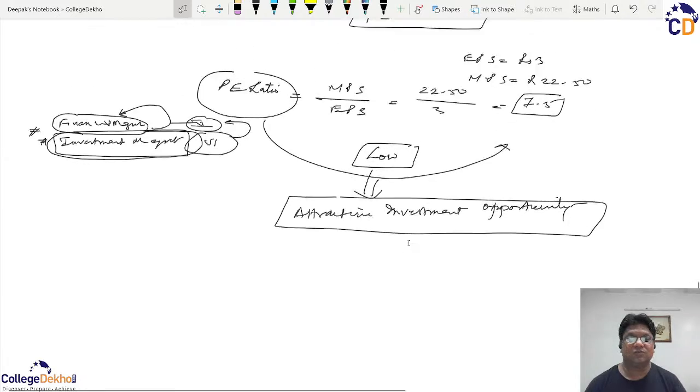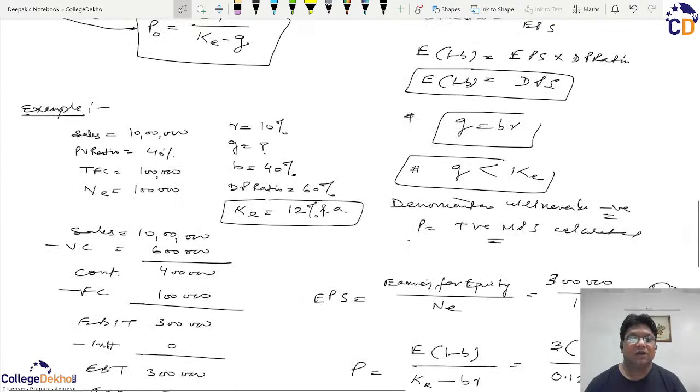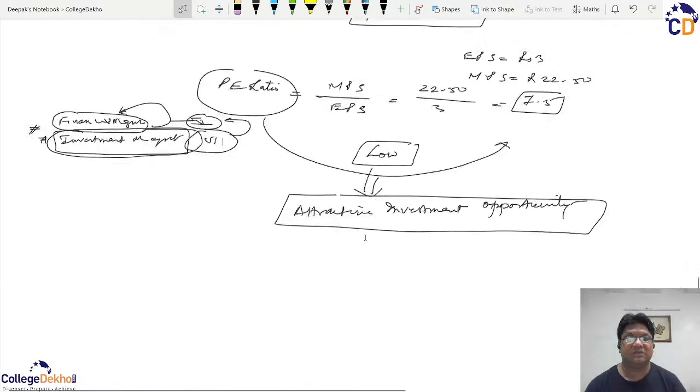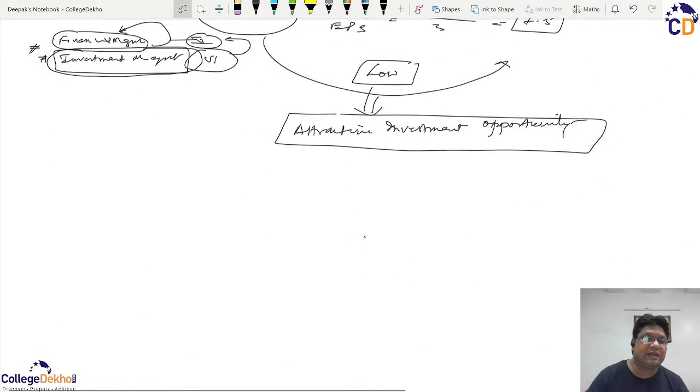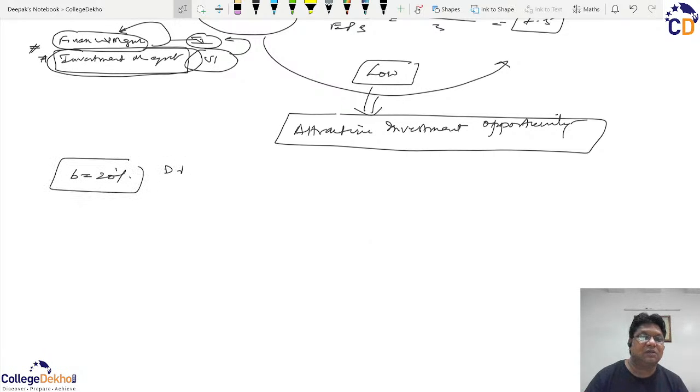Now, in this question, earlier the retention was 40%, it means the dividend distributed was 60%. Now, if I again calculate making b as 20%, that is the dividend payout ratio is now 80%. That is, if earning was rupees 3, the dividend now will be 3 into 80%, that is 2.40.